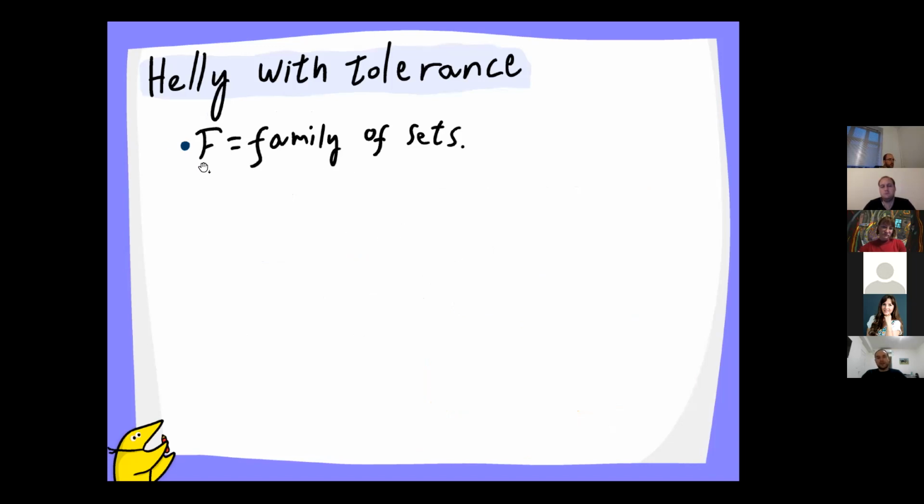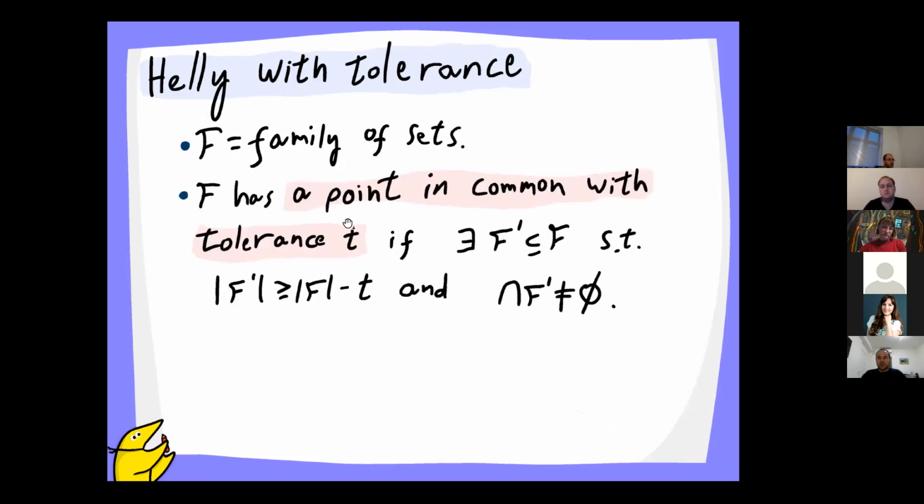Okay, so let F be a family of sets. We say that F has a point in common with tolerance t if there is a subfamily F prime of size at least the size of F minus t such that this family has non-empty intersection. Or in other words, F has a point in common with tolerance t if, after removing at most t sets from the family, we are left with a family that has a point in common.